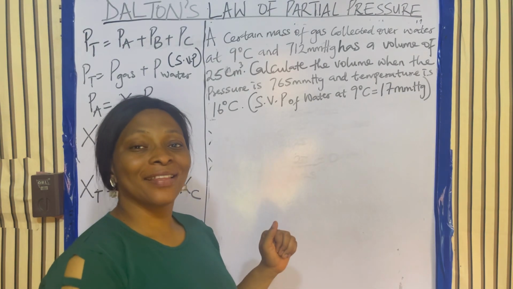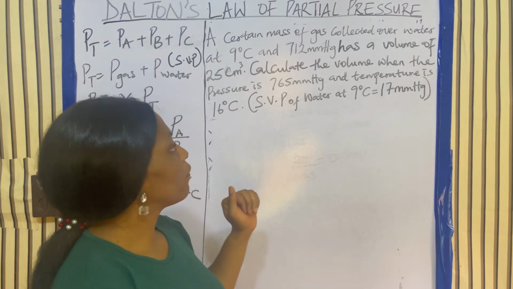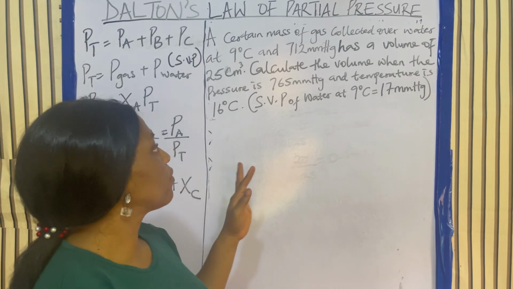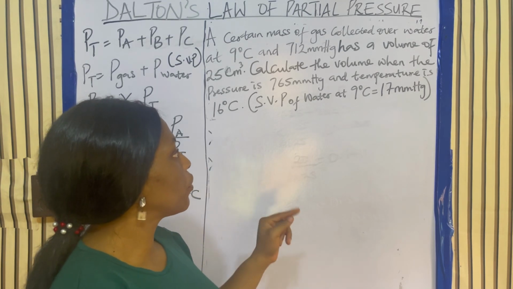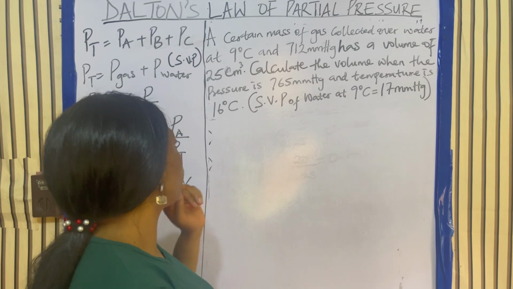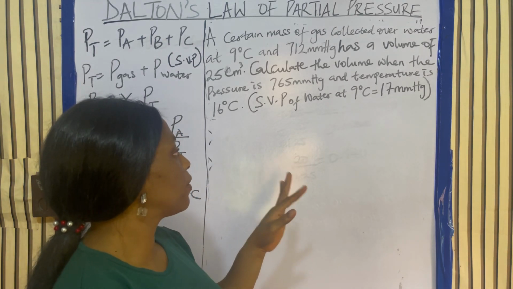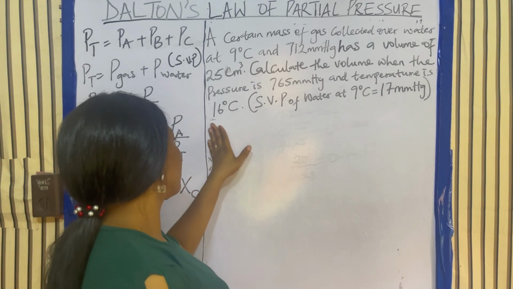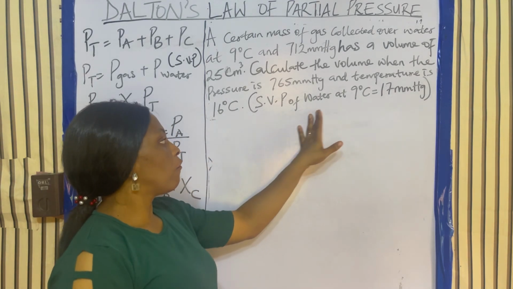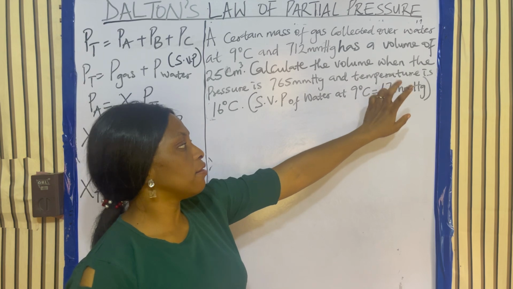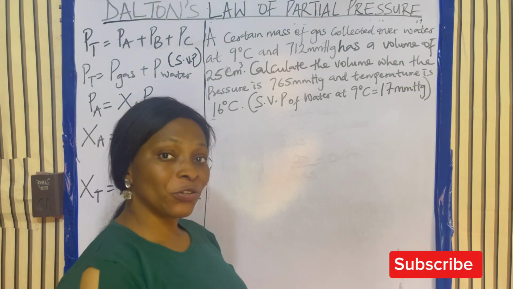Okay, so let's look at this question. A certain mass of gas collected over water at 9 degrees Celsius and 712 millimeter mercury has a volume of 25 cm cube. Calculate the volume when the pressure is 765 millimeter mercury and temperature is 16 degrees Celsius. SVP of water at 9 degrees Celsius is 17 millimeter mercury. Remember what I told us?